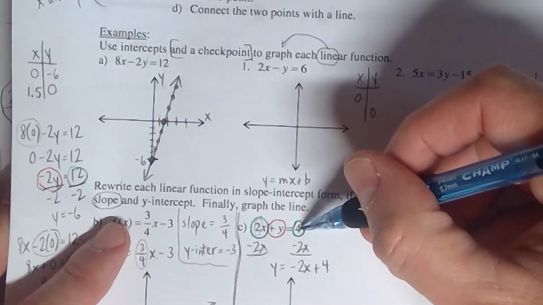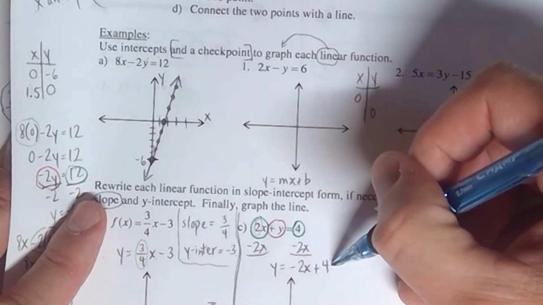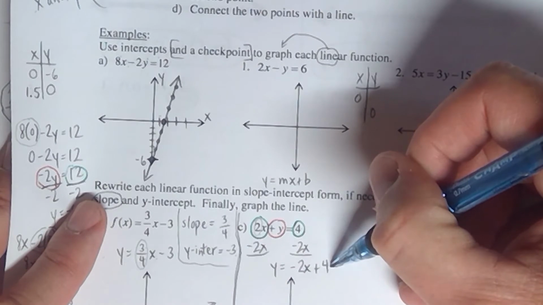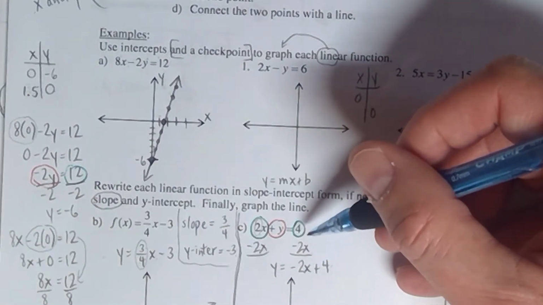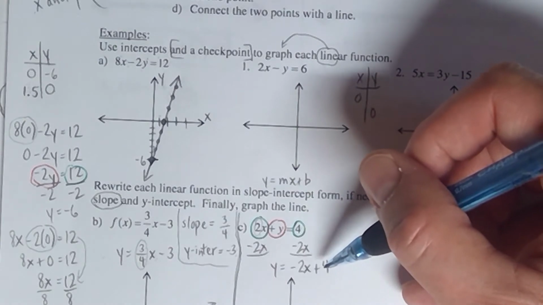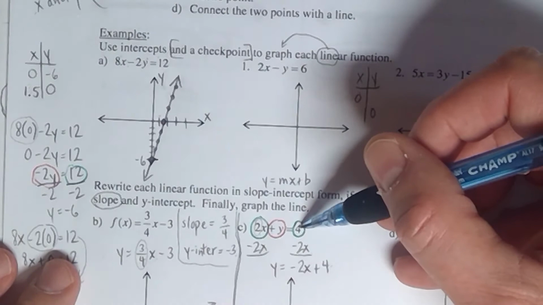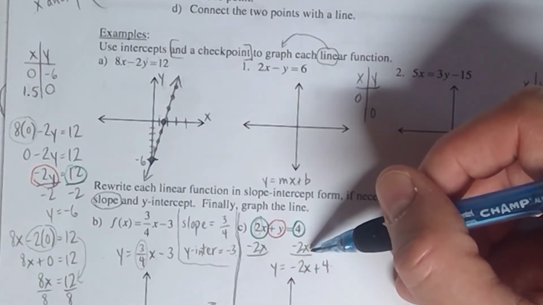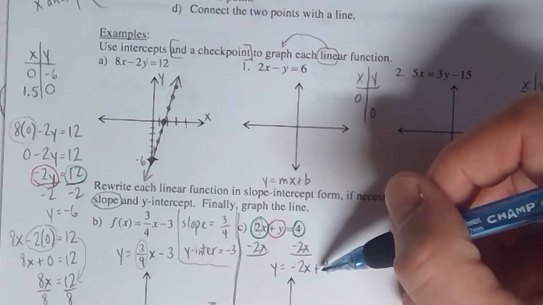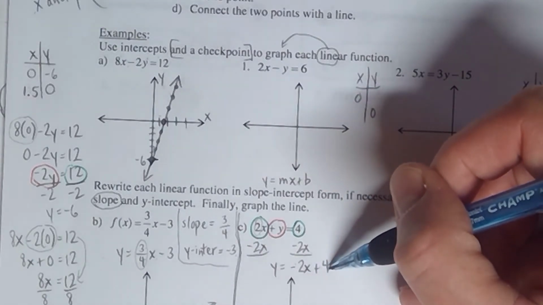And since 4 is positive and negative 2x is negative, we say negative 2x plus 4. Officially, it's 4 minus 2x, but we wanted to reverse it around. And you're allowed to reverse terms around that are being added or subtracted together as long as they still have the same correct sign in front of each one when you put them in their new order.